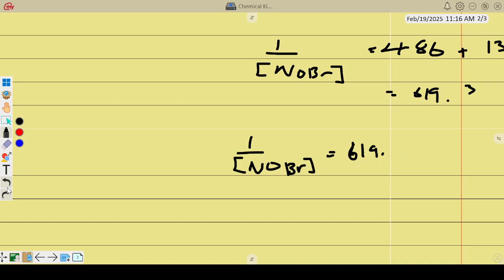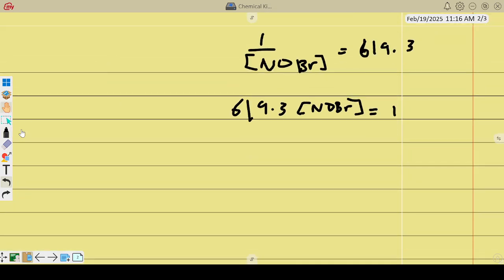When you cross multiply, this will be 619.3, multiplied with nitrosyl bromide, equal to 1. And then to remain with nitrosyl bromide alone, we divide by this value. Even here, we divide by the same. So meaning the final concentration of nitrosyl bromide.